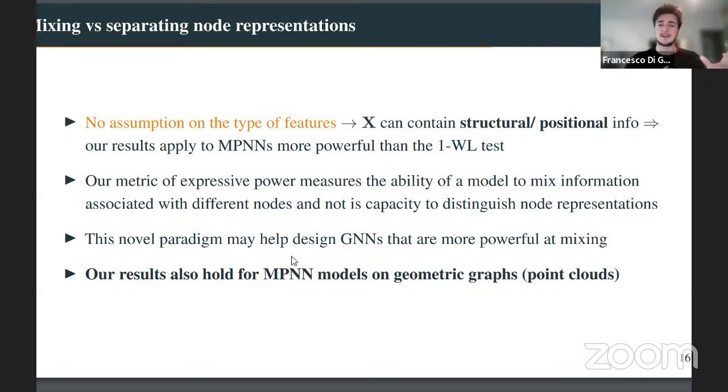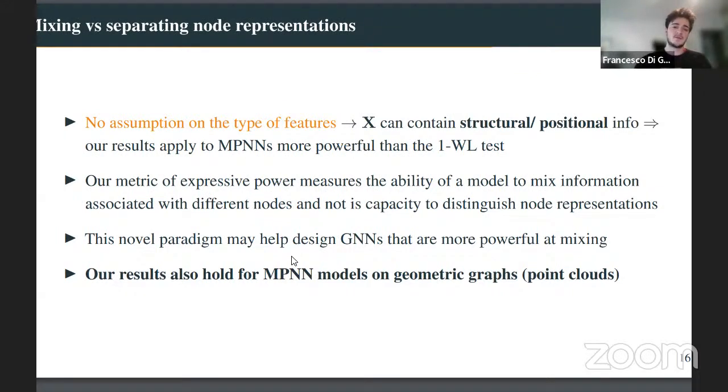So the features can also contain very powerful structural or positional information. So the model we have looked at from the point of view of the Weisfeiler-Lehman test can actually be quite powerful if the structural information we have concatenated to the features is powerful enough. But this will not affect our results, right?